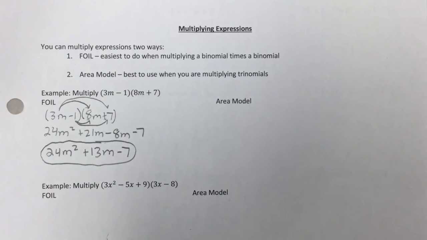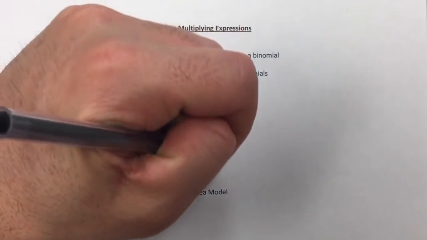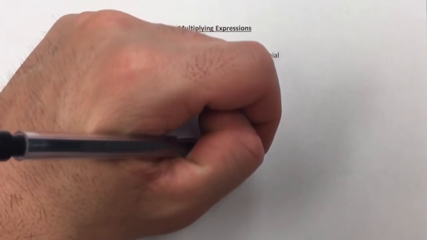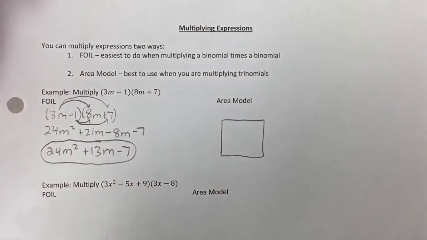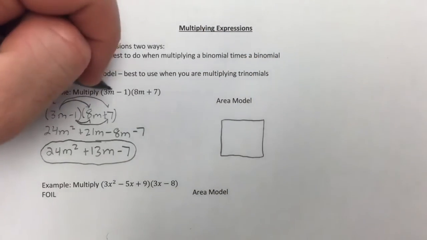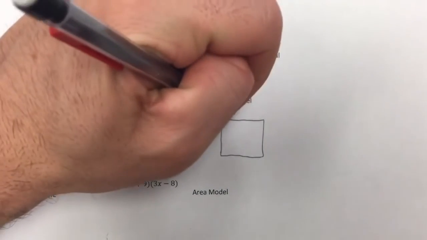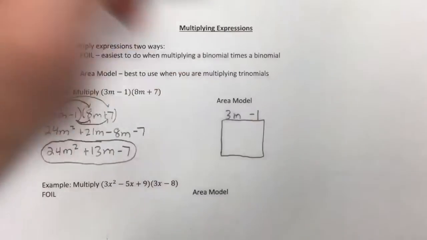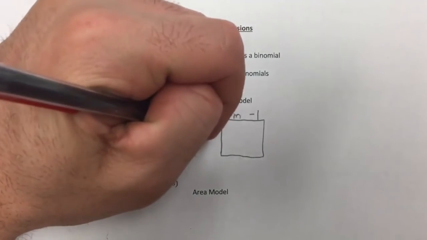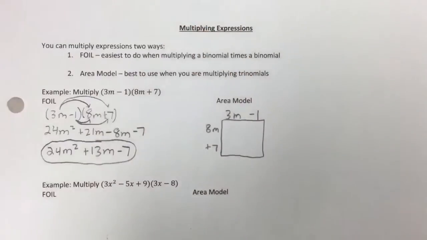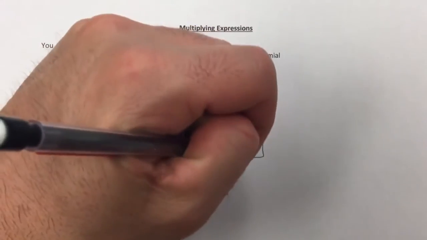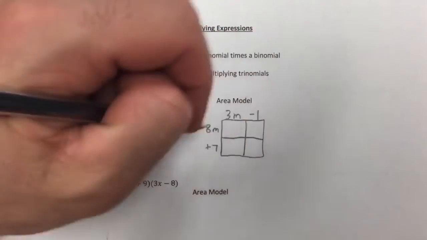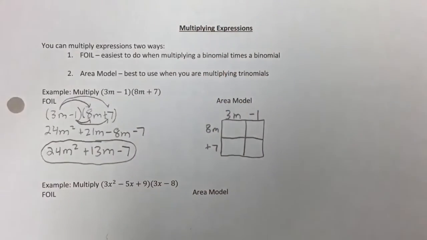If I was to do that with an area model, what you do is you make a rectangle, or a square in this case, and you write your factors on either side. So I'm going to have 3m - 1 along the top and 8m + 7 along the side. And since there's two terms, I'm making two columns. Since there's two terms on the up and down, I'm going to make two rows.